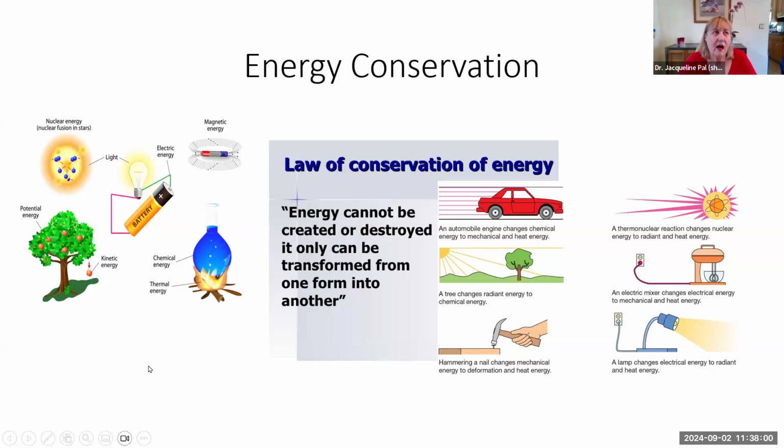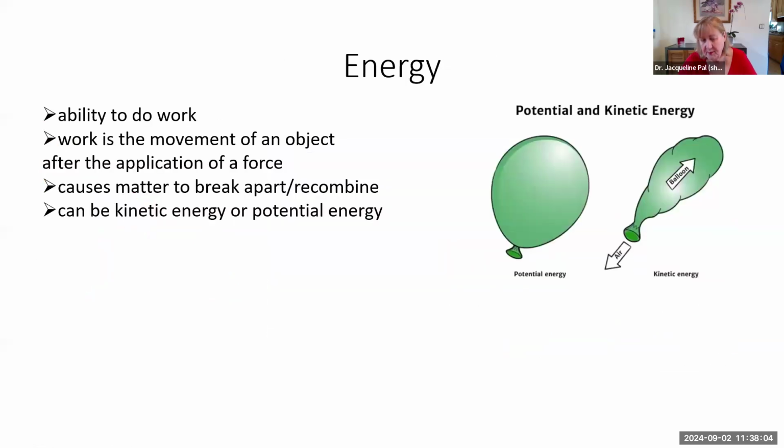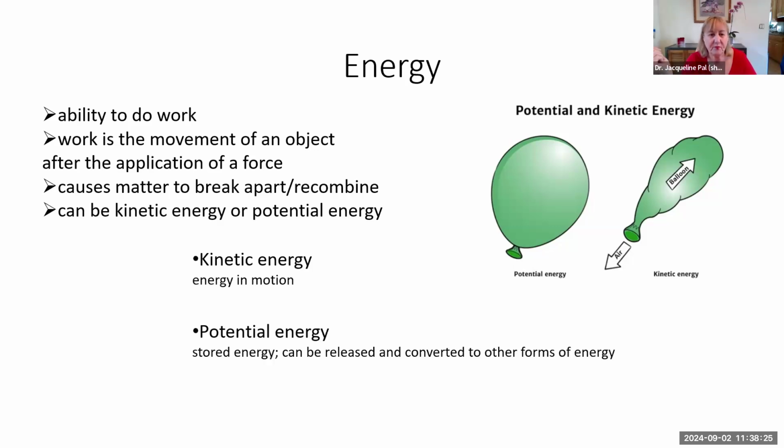So something that you may or may not have learned about, hopefully you did pay attention earlier when we were talking about energy and potential and kinetic energy, is that not only can we break apart things with energy, but when we put them together, that also can require energy.